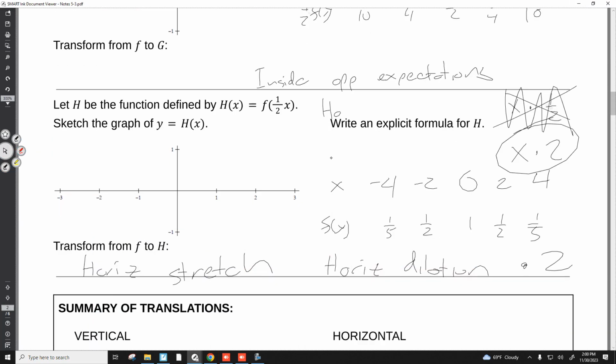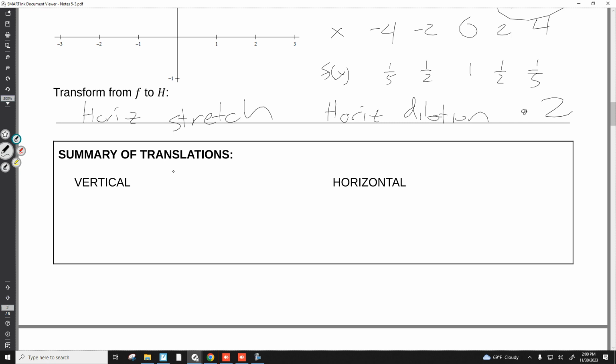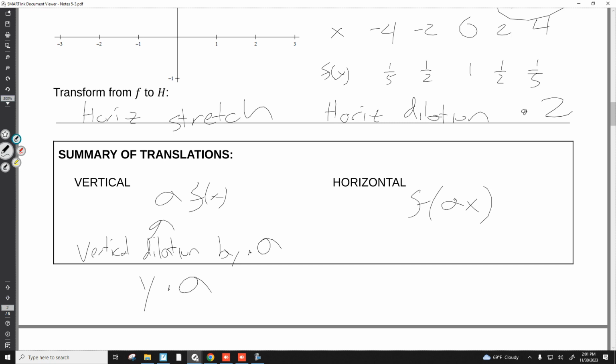Okay? So, multiplying by a number on the outside is a vertical dilation by a factor of A. You will take your y values and multiply them by A. But inside, being opposite of your expectations, order of operations kind of goes in the opposite way.